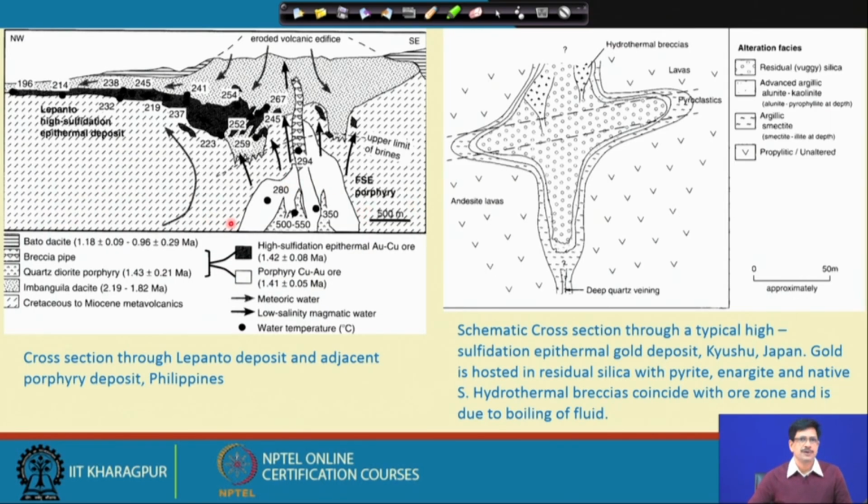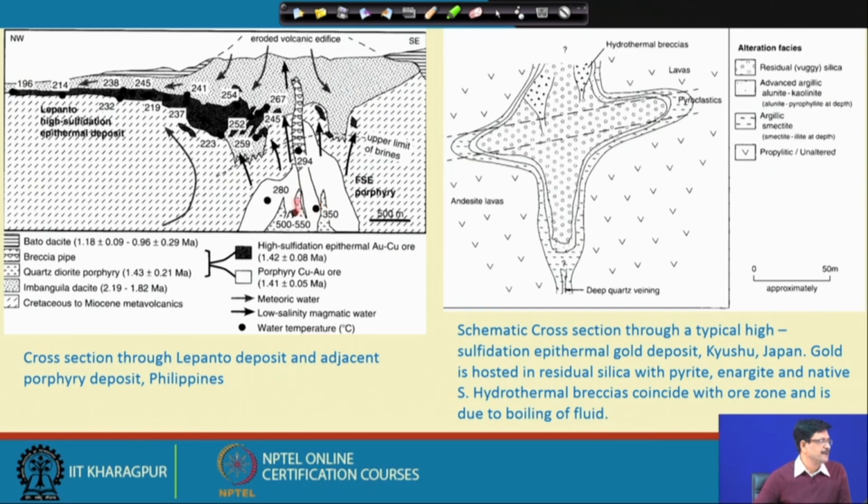Here is a cross section, so we will briefly look into the characteristics of these high sulfidation and low sulfidation deposits. To the left is a cross section of a high sulfidation deposit, where it is observed that the deposits occur very close to the volcanic center.